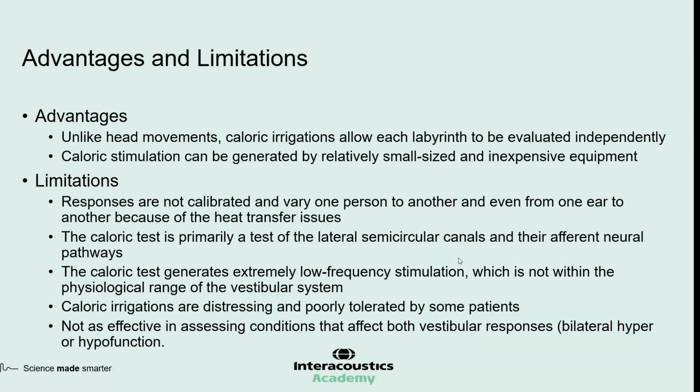So, a quick summary of the advantages and limitations of caloric testing. The most obvious advantage is what we talked about before. Unlike head movements, caloric irrigations can be delivered to each labyrinth independently, and that makes it very effective for detecting unilateral vestibular losses.